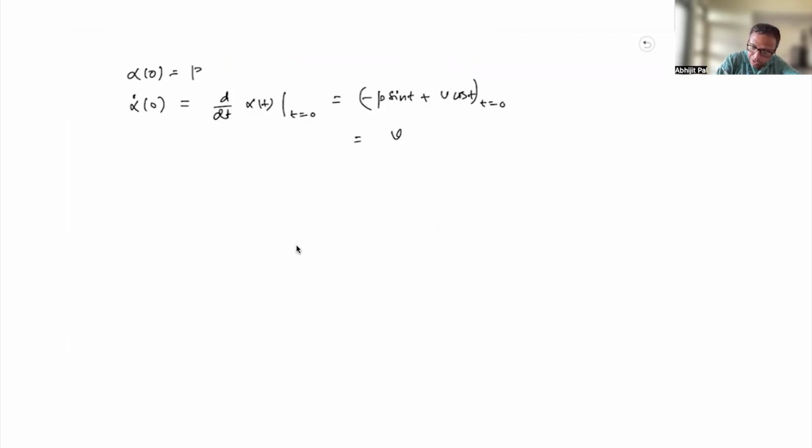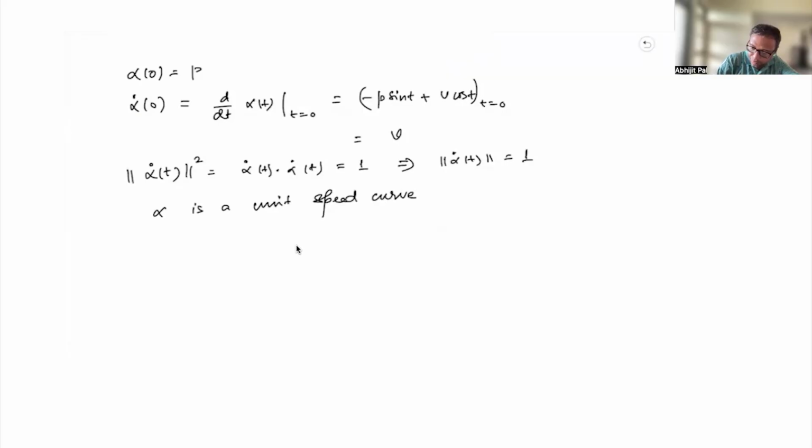Why? If I take alpha dot(t) and take the norm squared, which is alpha dot(t) dot alpha dot(t), then by the same type of computation you can show that this is equal to 1. So norm of alpha dot(t) is equal to 1, so alpha is a unit speed curve.